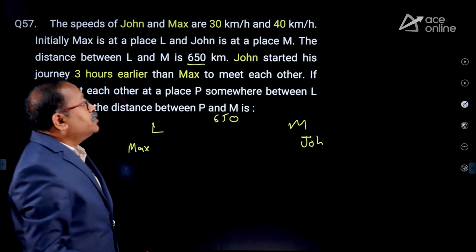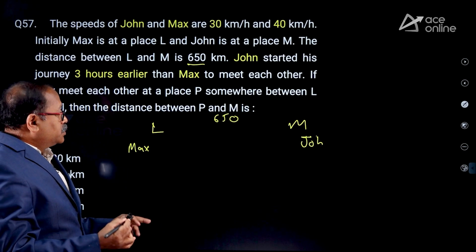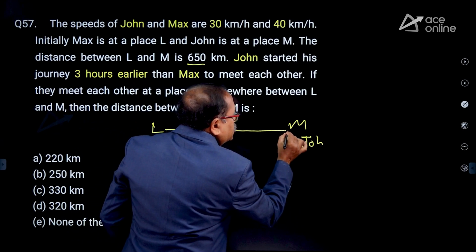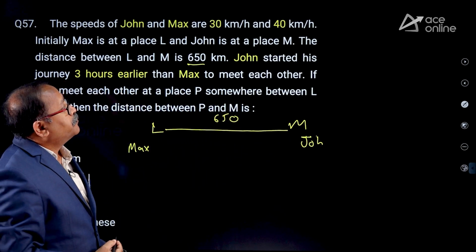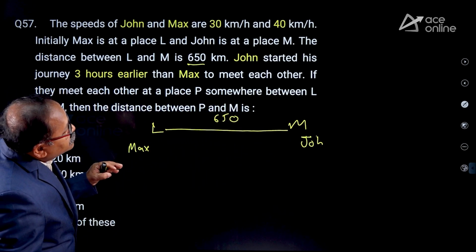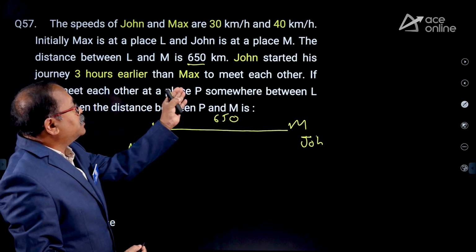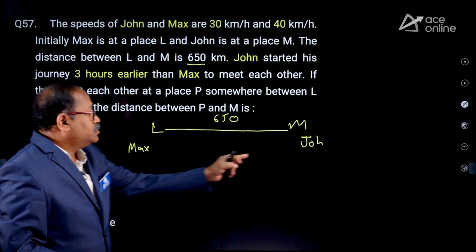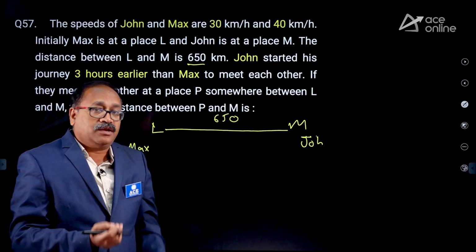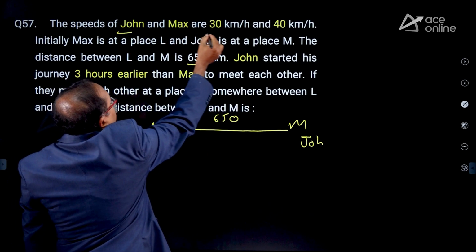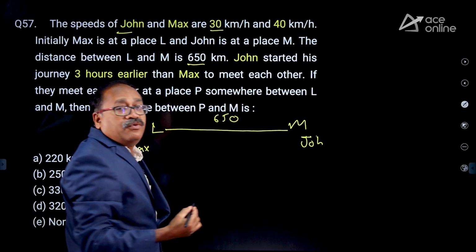For the examination point of view, you don't need all this. It is only to make you understand. And this is the total distance, 650. Now, what is next? John started his journey 3 hours earlier than Max. So, John started 3 hours early, and we know John's speed is 30 km per hour.